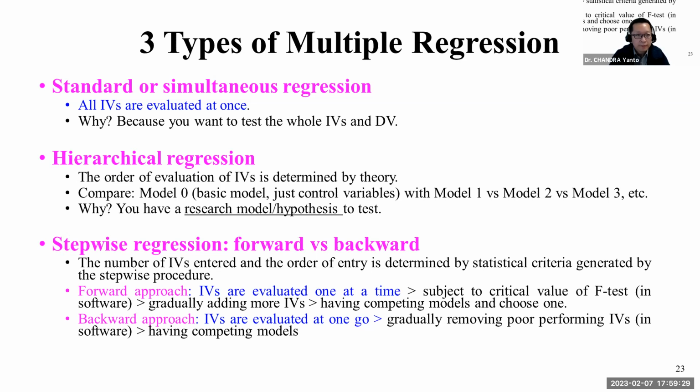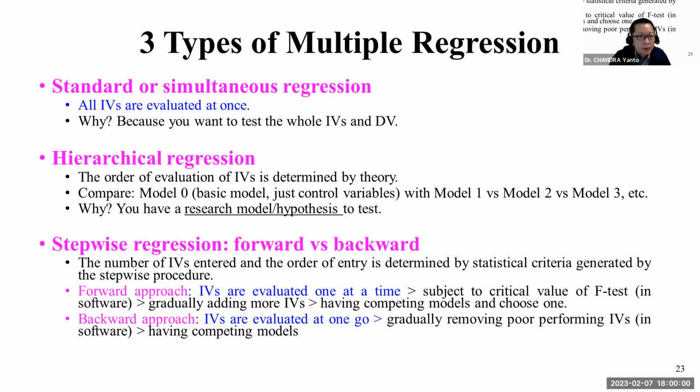Now, the regression that I've just shown you with the bivariate regression, and what we'll do in the next slides, is what we call standard or simultaneous regression, in which all independent variables are evaluated all at once, all together, because we want to test all of them. We don't have any particular structure or hunches about which ones are more important than others, or which ones we want to test in certain blocks.